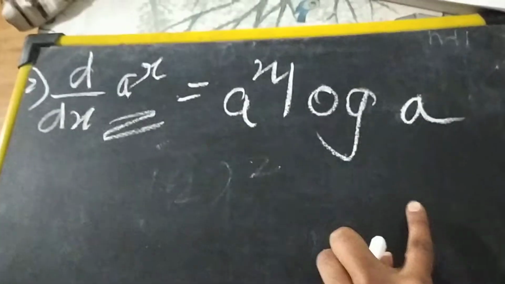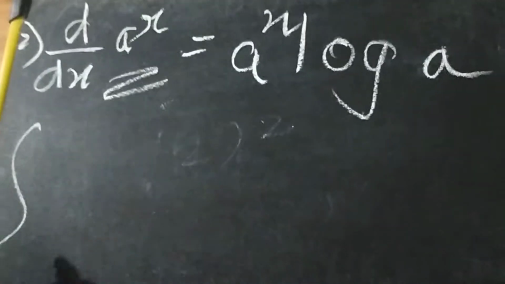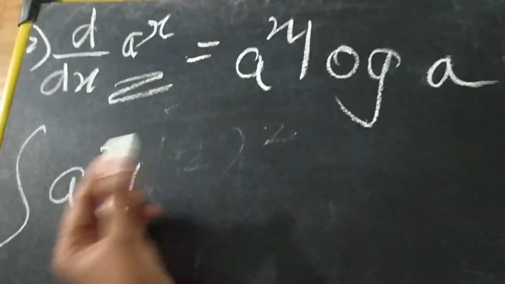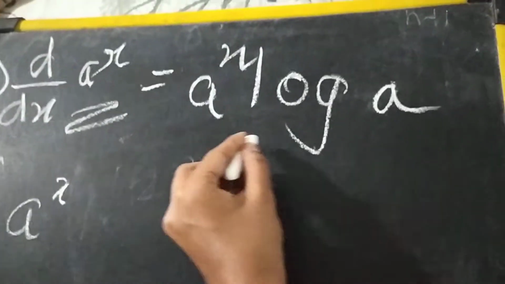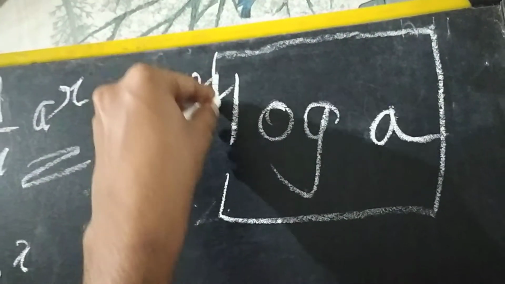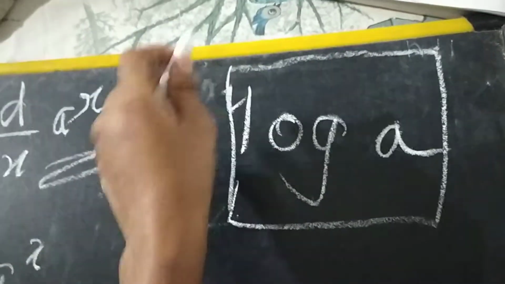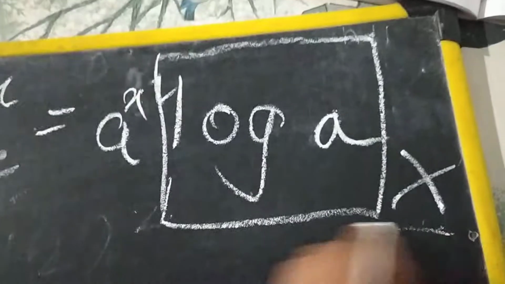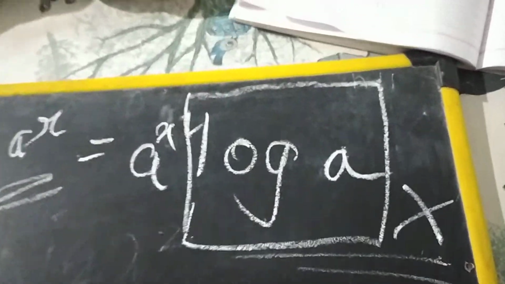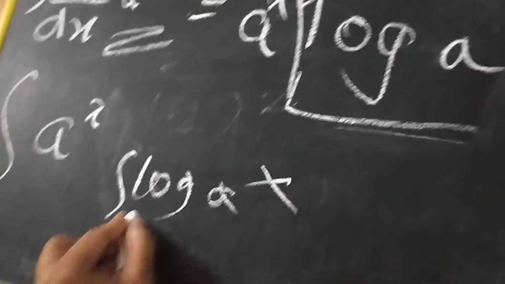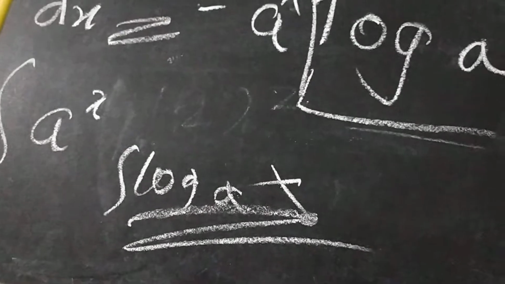Now if I ask you the integration of a raised to x, let me tell you one thing: there is no integration of log a. Integration is not applicable to this. If I ask you the integration of log a, it is not possible. No one will ask you such a question.